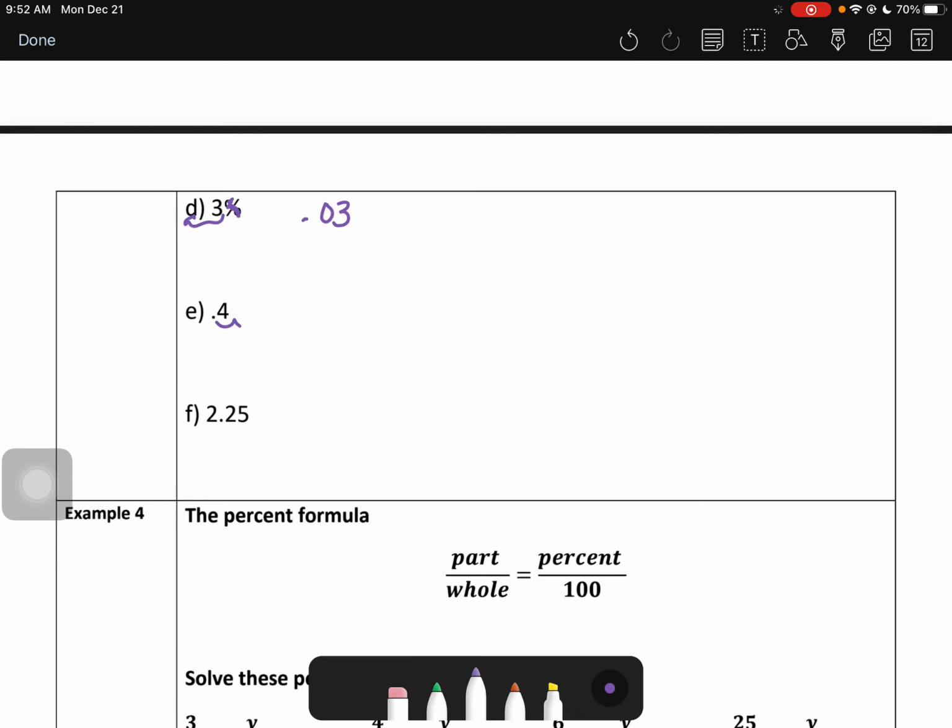Decimal to a percent, 2 places to the right, hold the 0 in the place that's empty and add the percent sign. For a percent to be a decimal, we go backwards to the left 2 places. We use a 0 to hold that empty spot.